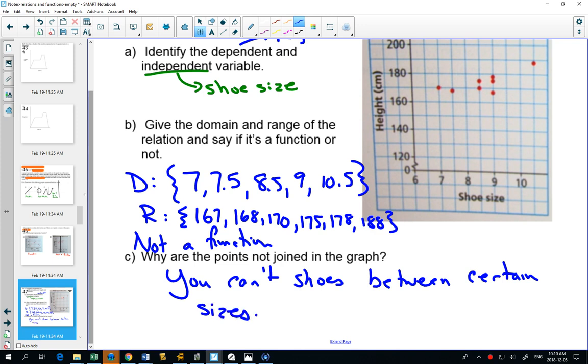For example, no 7 3/8 size. So we could describe it that way. Or you could describe it as: shoe sizes only come in whole numbers or halves. So you could describe it that way too, as a way to say why it is that we don't join the points on this graph.